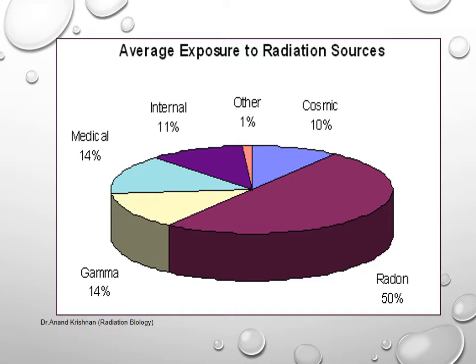Most of it comes from the cosmos and radon, and medical is 14%, and it is debatable for a normal person on average. They say even if you get one X-ray per year, it doesn't actually account to 14%, and internal and gamma radiation are further.